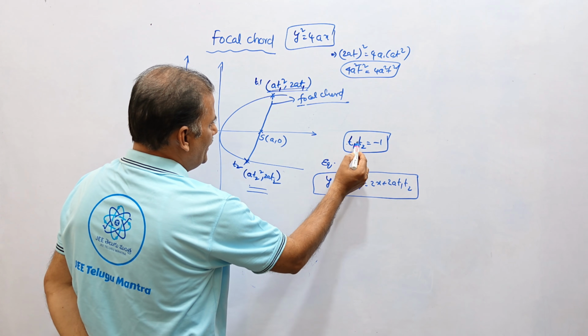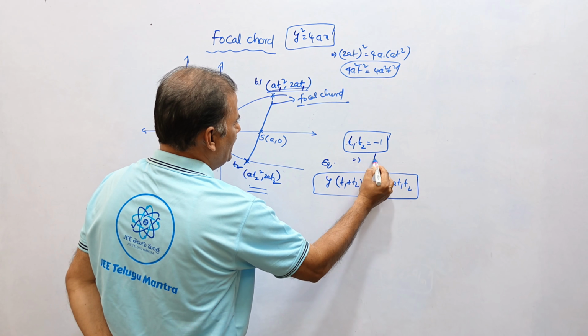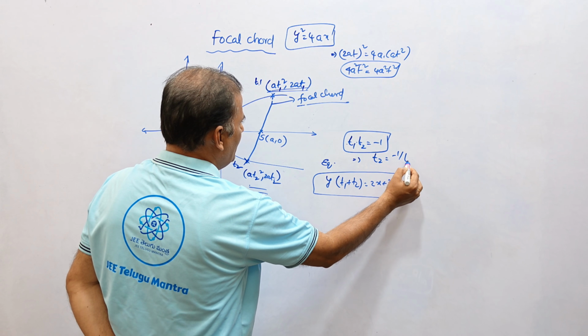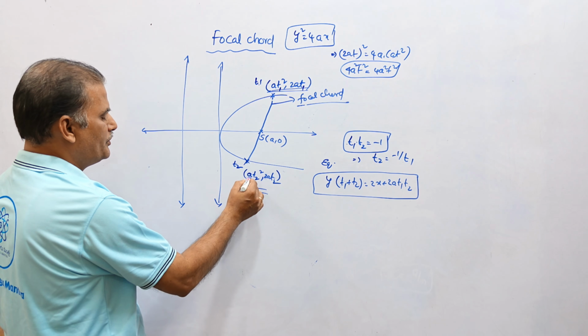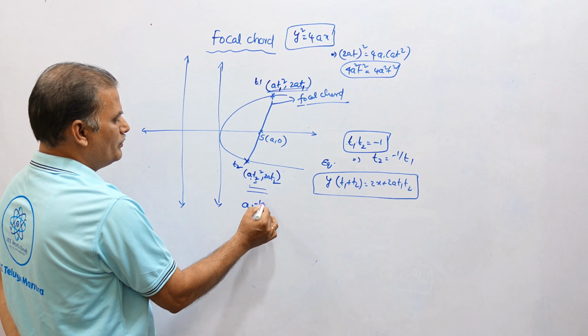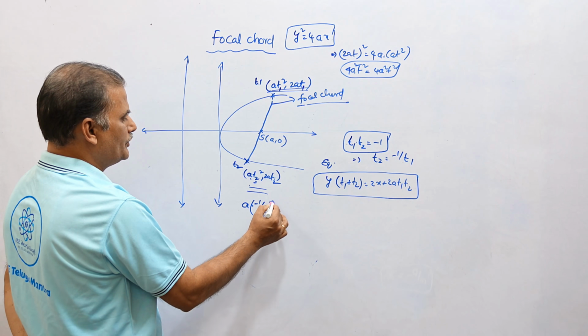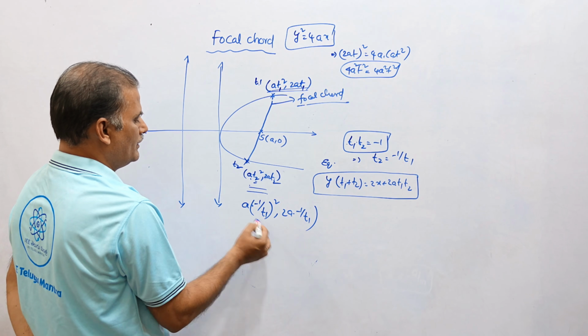Now here T1 into T2 is equal to minus 1. We apply from this T2 is equal to minus 1 by T1. We substitute here a into, in the place of T2, minus 1 by T1 whole square, comma 2a into minus 1 by T1.